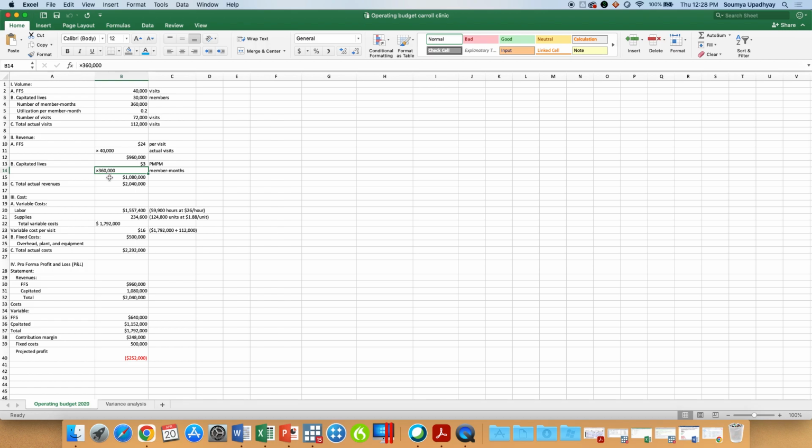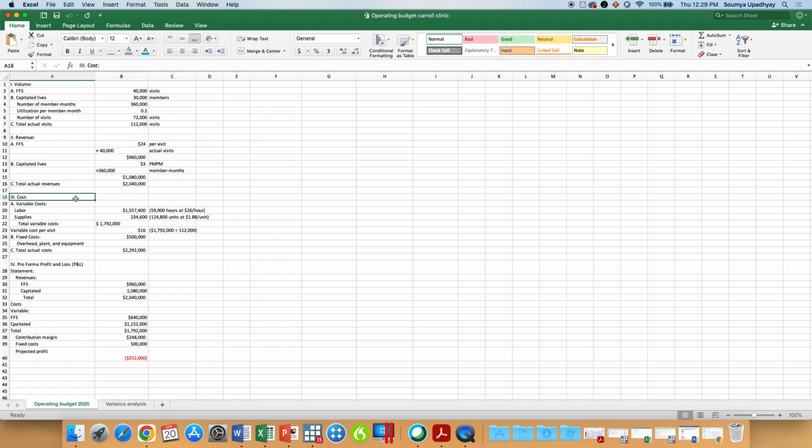So that gives us a total of 1.08 million in revenue for capitated lives. So the total actual revenue is a summation of 1.08 million and $960,000, which is the revenue coming from fee for service. So the total actual revenues is 2.04 million.